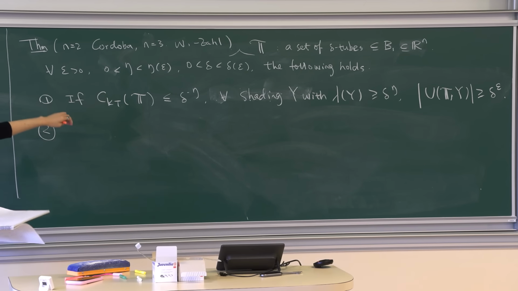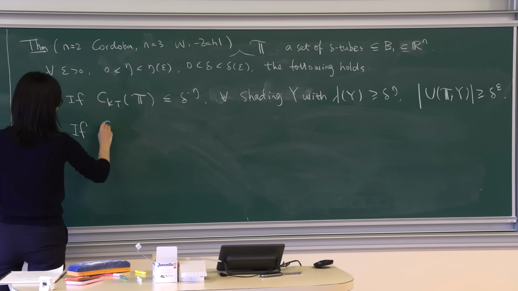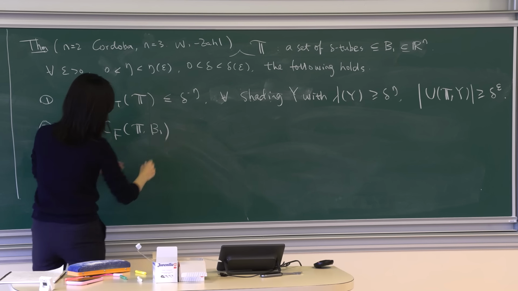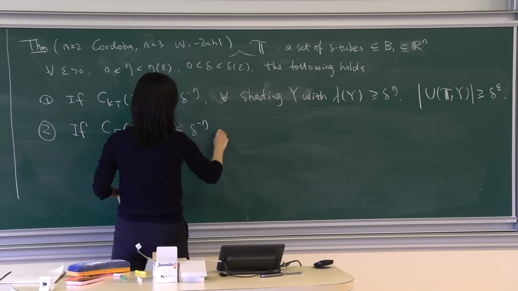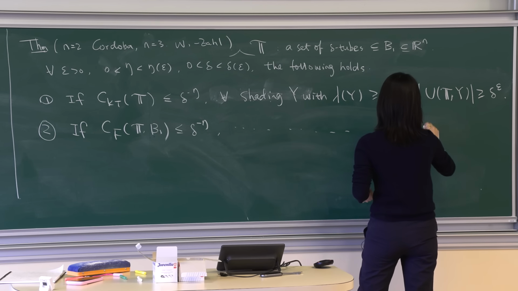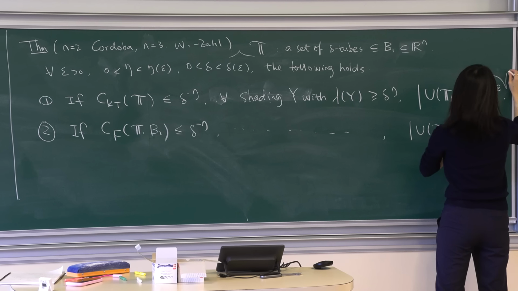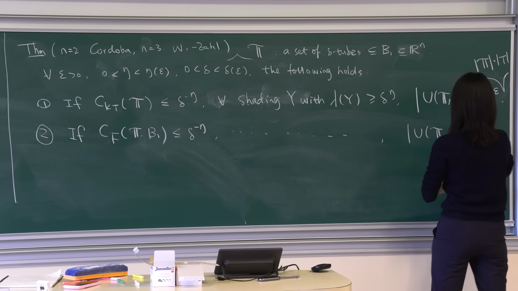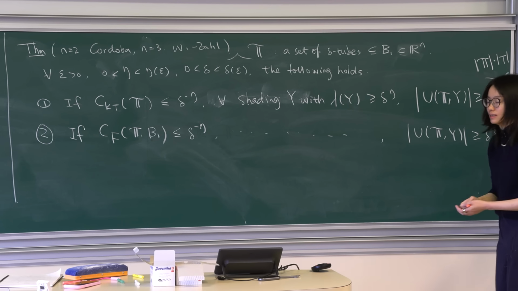So this is precisely our heuristic from the enemy example. And if the Frostman constant in B1 is less than delta to the minus eta, then for any shading with density greater or equal than delta to the eta, the tubes are essentially disjoint, and this essentially fills out the unit ball.